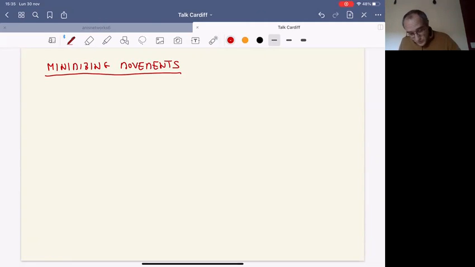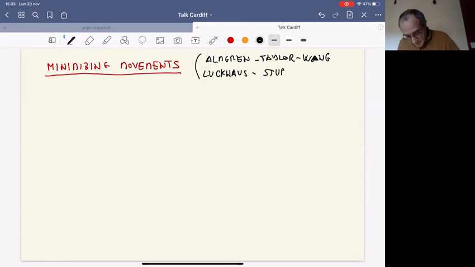This was introduced by Almgren, Taylor, and Wang for the mean curvature flow, and also independently, a little later, by Luckhaus and Sturzenegger, and it amounts to a time discretization.